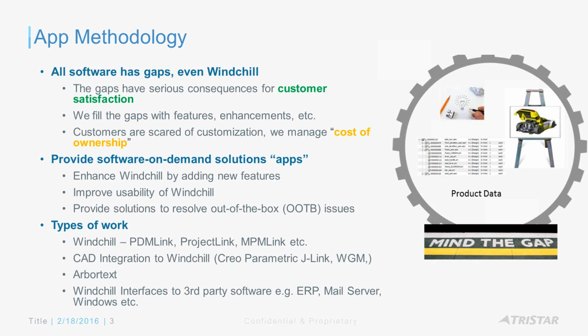These apps can also be customized, so they can add additional functionality that you don't see with those that come out of the box. These apps also work across different modules within Windchill. So whether you have PDM Link, Project Link, and PM Link, using some of the change management functionality and the associated workflows, these apps touch upon different areas within those modules to provide enhanced functionality.